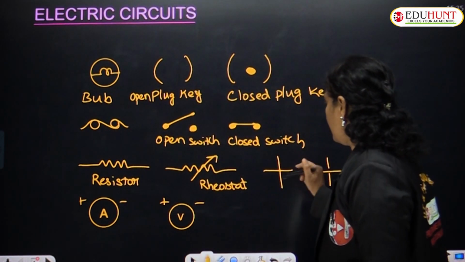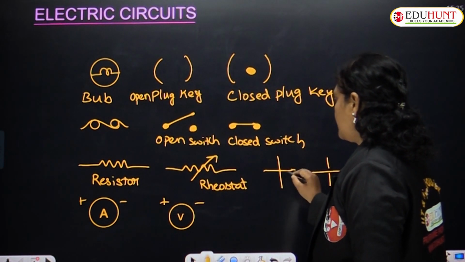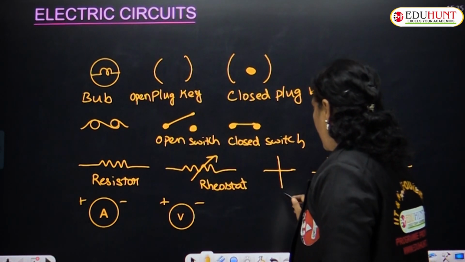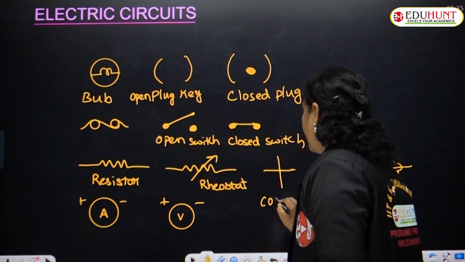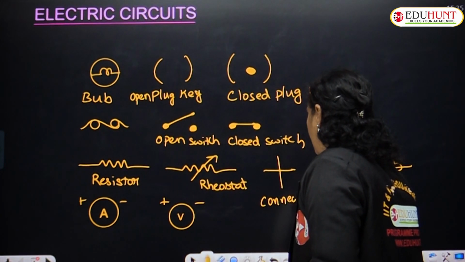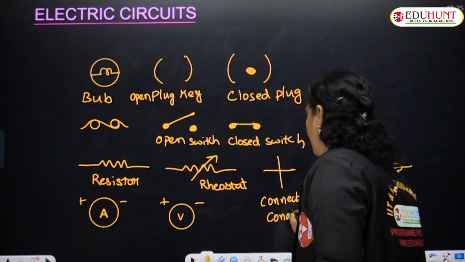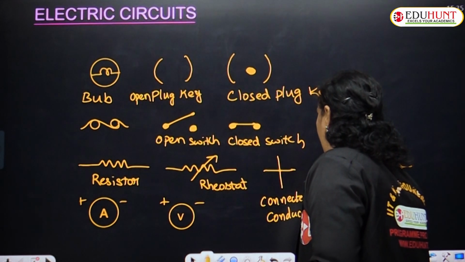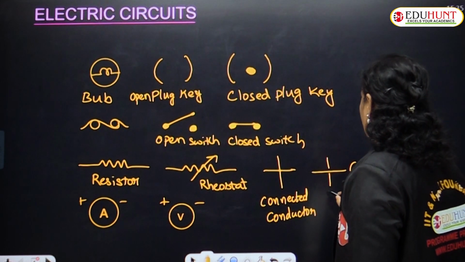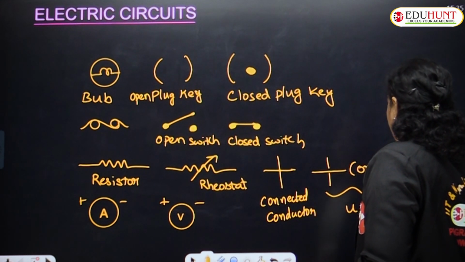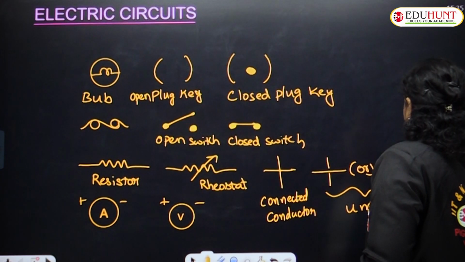Here this one is a conductor, and here also it is a conductor. This is a connected conductor. When the conductors are connected, this is the symbol for it. Whereas these two indicate unconnected conductors, with no joining.